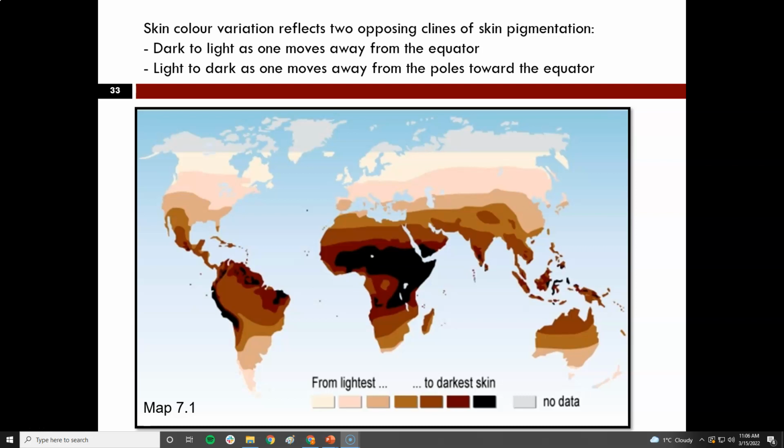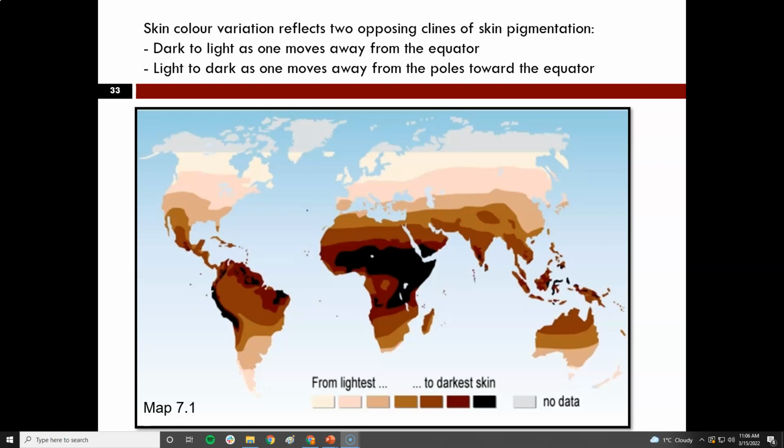So a lot of our dairy products, for example, have vitamin D added to ensure that we're getting the necessary levels that we need for appropriate bone growth, and vitamin D is good for a whole bunch of other things as well. And so in northern climates where we have less exposure to sunlight and UV radiation, being able to synthesize more vitamin D on the skin through having lighter skin pigmentation is a selective advantage.